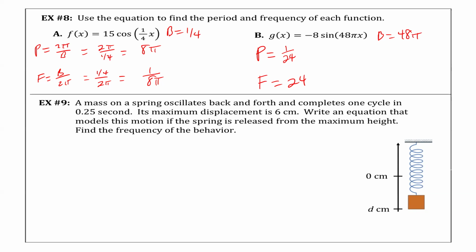Okay, so we're trying to identify what is happening here. The spring is released from a maximum height, and it's going to do what? It decreases. So it's going to go, I'm up here, right? It's going to decrease, and then it's going to bounce back up, right?